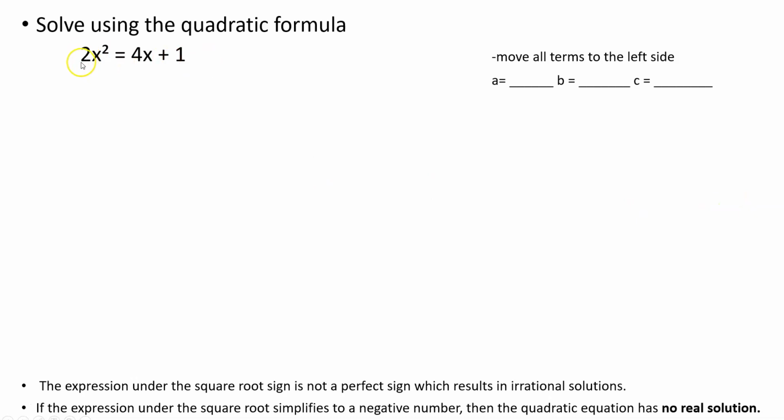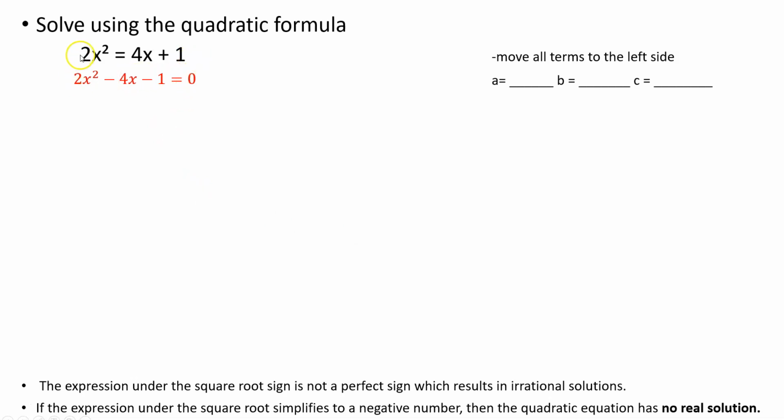Okay. So we have 2x squared equals 4x plus 1. Well, the first thing we notice is this is not equal to 0. So we're going to subtract the 4x and subtract 1, so that we get 2x squared minus 4x minus 1 equals 0.